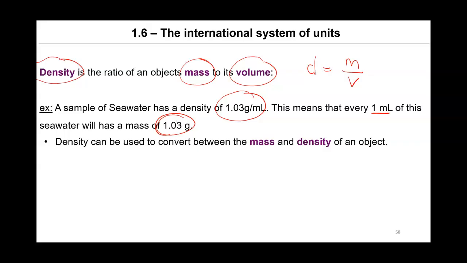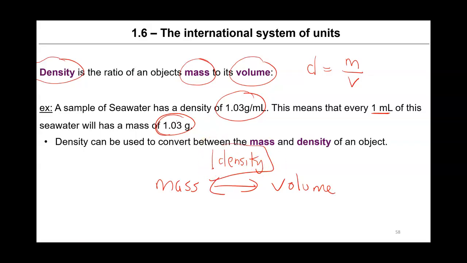What you want to remember for the next section is that whenever we are trying to convert between mass and volume, we're always going to be using density as our conversion factor. That's an important little thing to lock away for future reference.